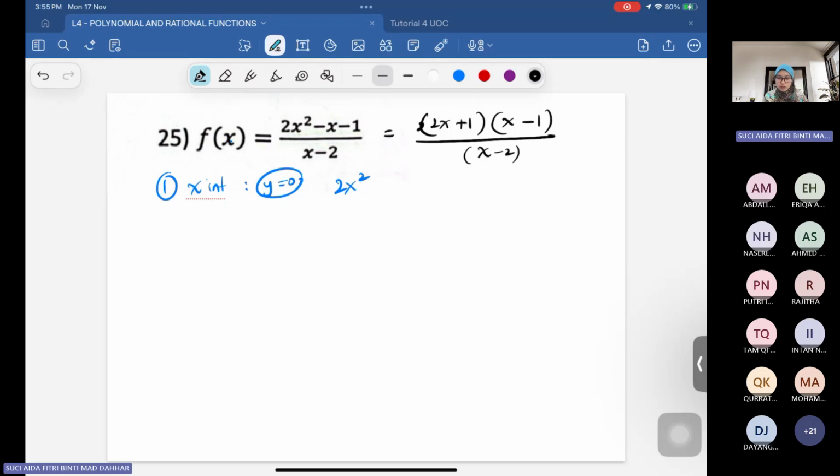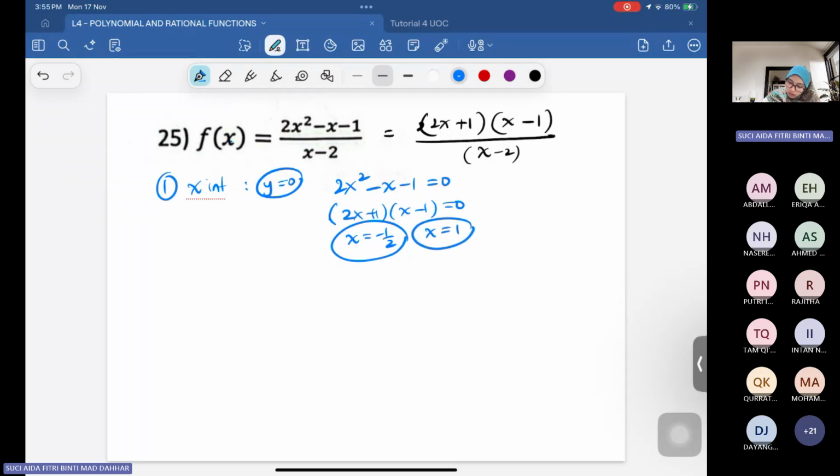Okay, so we don't have equal factor. That means, okay, I can continue. 2x squared minus x minus 1 equals to 0. And factorizing this, 2x plus 1 and x minus 1 equals to 0. I will have two intercepts. x equals to negative half, and one more is x equals to positive 1.